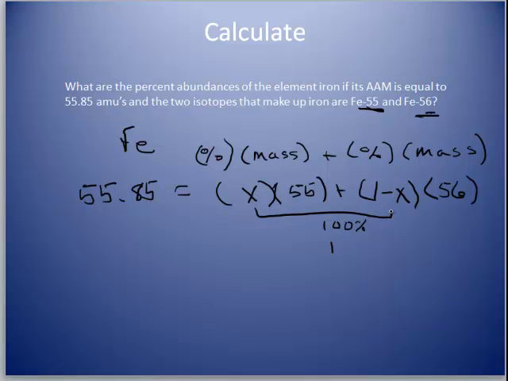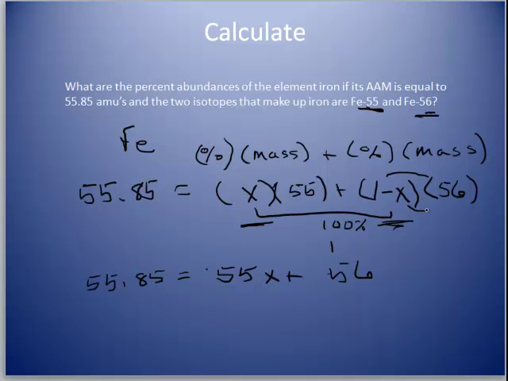We could just as easily have called this one x, and then called this one 1 minus x, and we would still get the same answer. So if we do the problem here, we've got 55.85 is equal to 55x plus, and we're going to distribute 56, minus 56 times x.